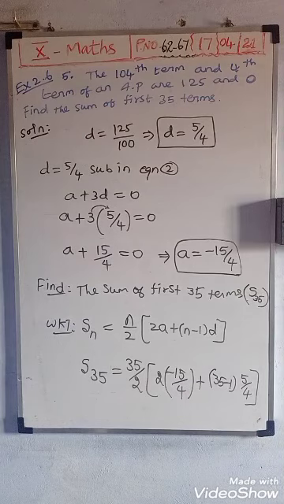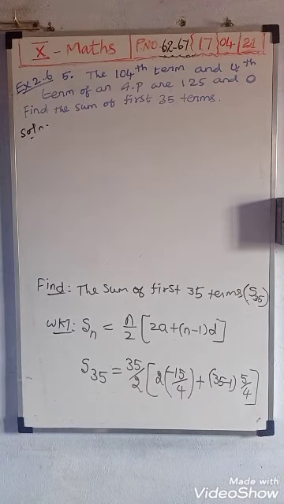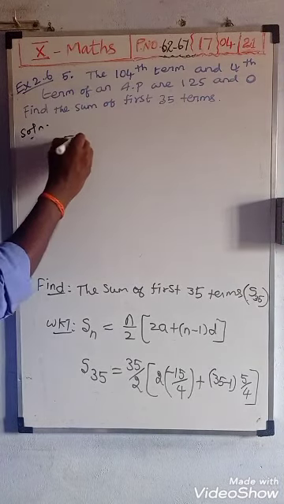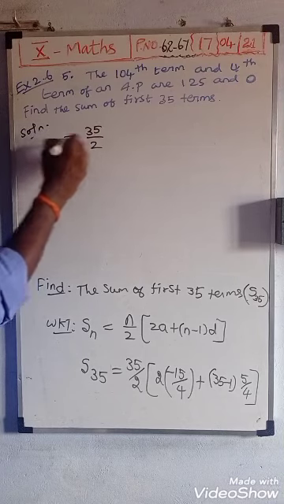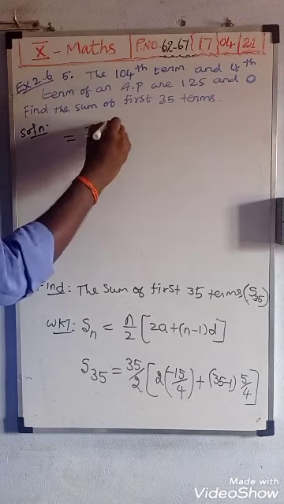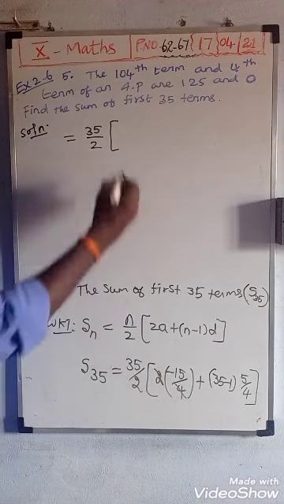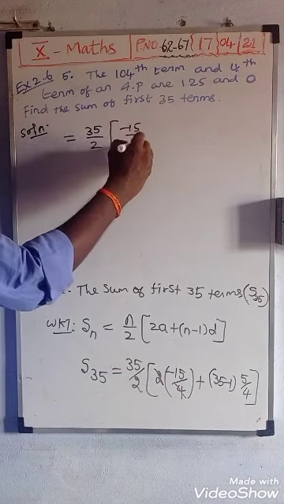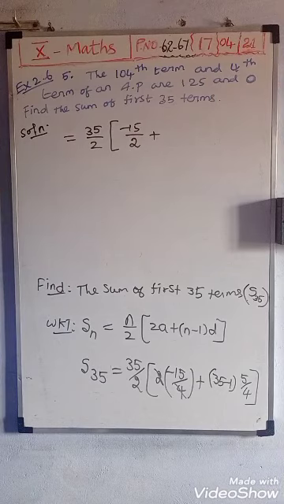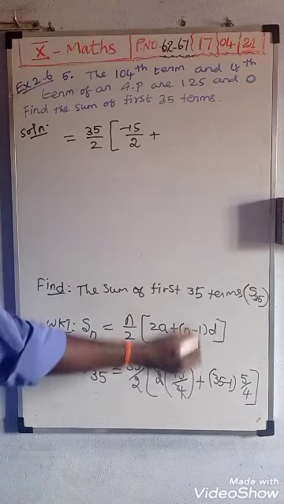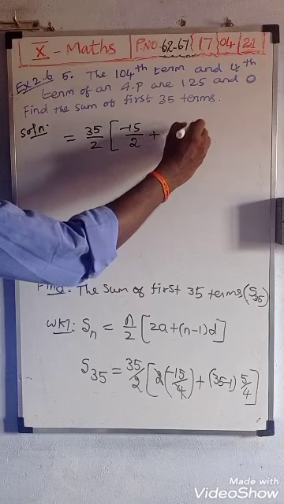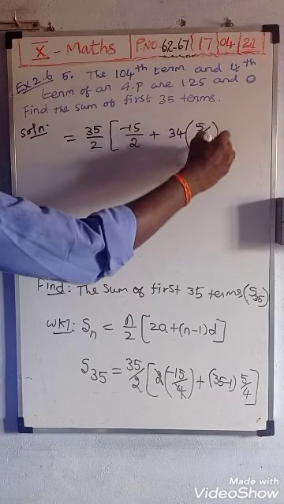Next step, 35 by 2 we cannot cancel, so write as it is. Then 2 into, here 2 and 4 cancel, means minus 15 by 2 you will receive. Then 35 minus 1 is 34, 34 of 5 by 4.